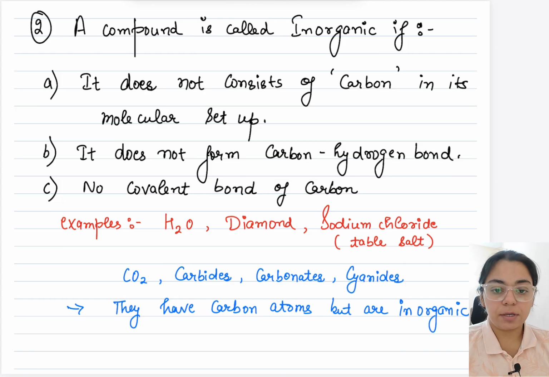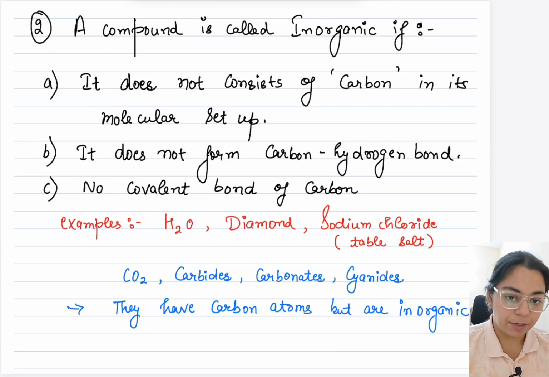And what is inorganic then? Opposite to that, it does not consist of carbon, or in some cases maybe it has carbon but does not form a carbon-hydrogen bond. It has carbon but there is no carbon-hydrogen bond, then it might be inorganic in nature.